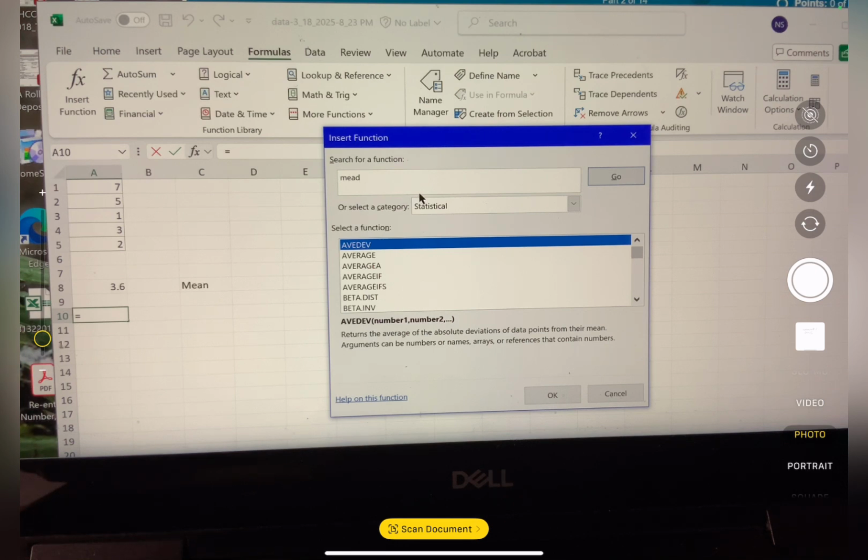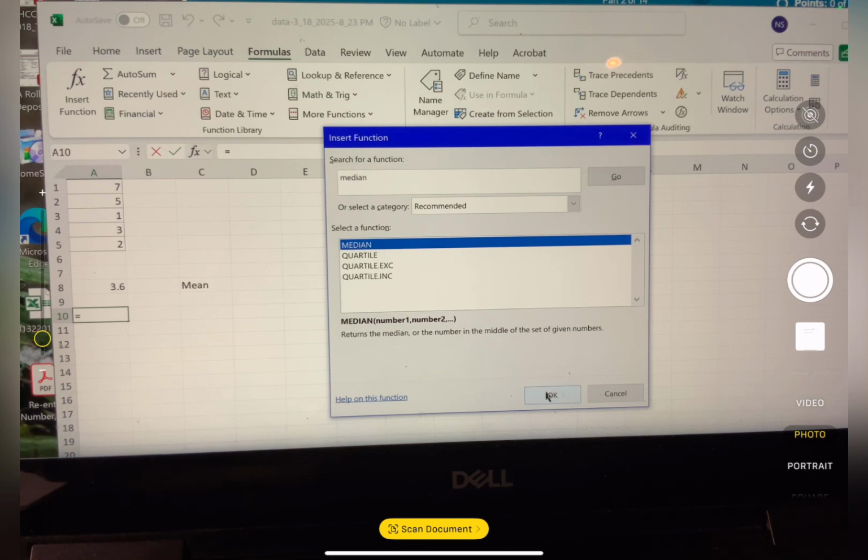I deleted a wrong letter. All right, here we go, we have median.